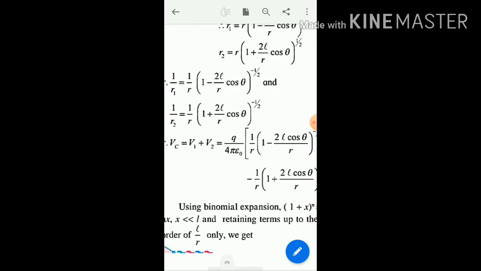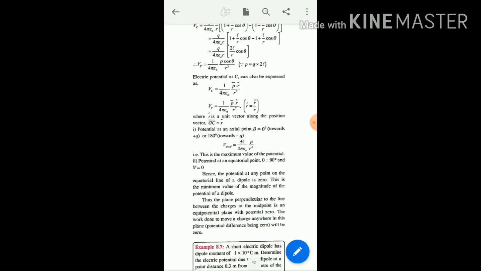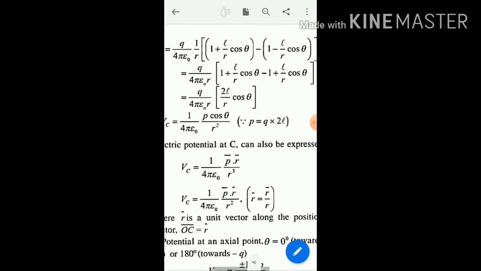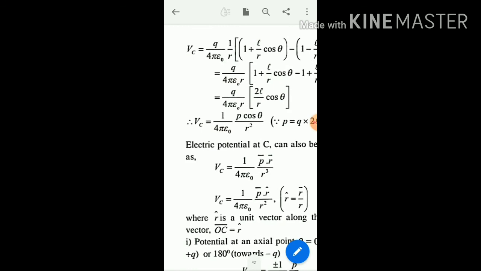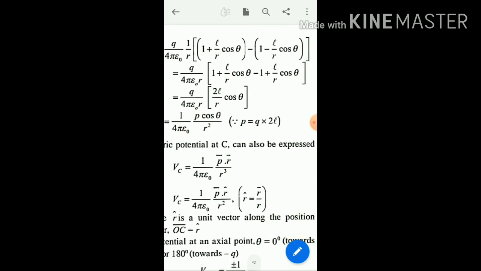Retaining terms up to the first order of L upon R only, we get Vc equal to Q upon 4 pi epsilon 0 into 1 upon R into square bracket, small bracket 1 plus L upon R cos theta, minus, small bracket 1 minus L upon R cos theta, square bracket complete.